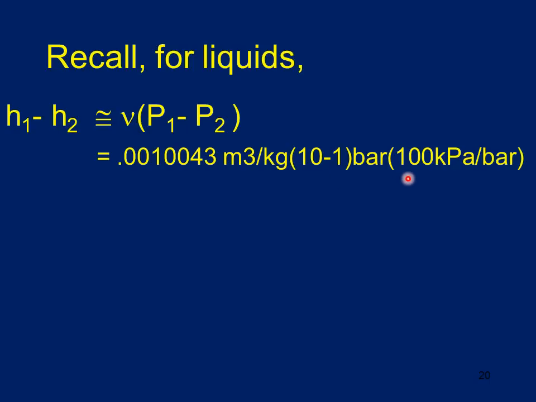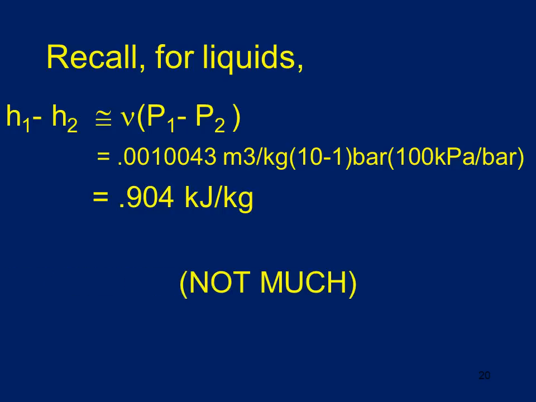I have to convert it. I believe, let's see, a kilopascal bar will give you your kilojoule per kilogram. Yes, kilopascal bars is a kilojoule per kilogram. Okay, that's not much work.